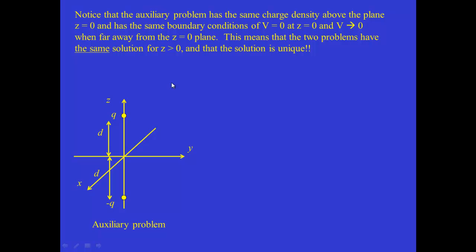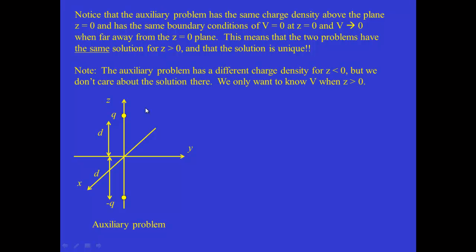And according to the corollary of the uniqueness theorem, having the same charge density in the region above the plate and satisfying the same boundary conditions means that these two problems have the same solution above the plate, and the solution is unique.